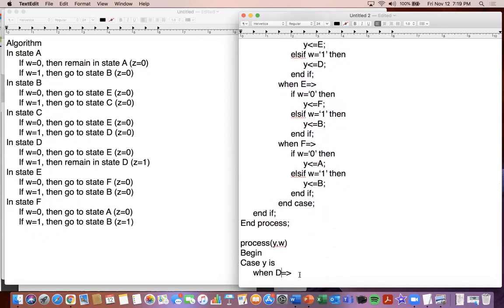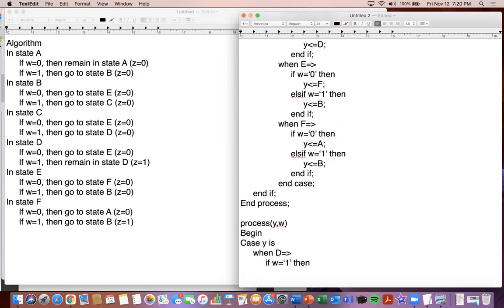that's gonna be in state D. So when D, if W is equal to 1, then Z is going to be equal to 1.